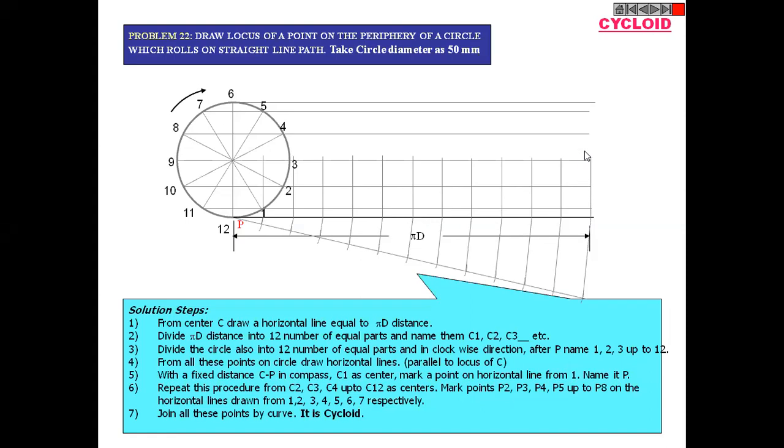Then draw a vertical line from each and every division up to the horizontal central line of the generating circle.